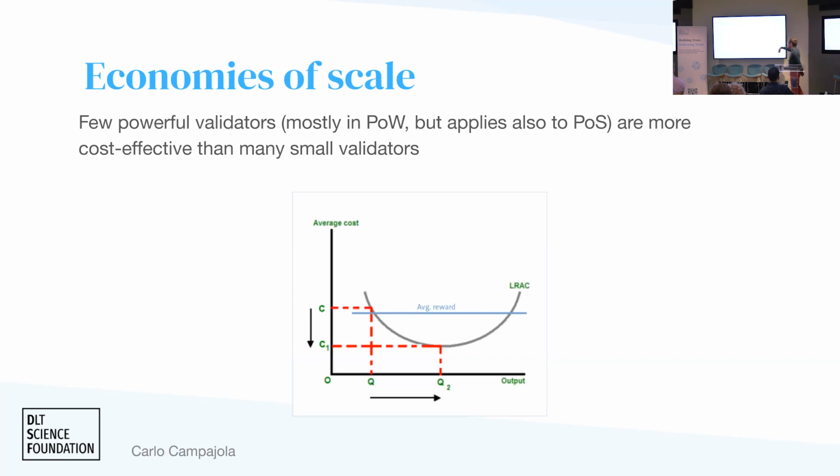You have economic output on the x-axis, so the number of units that you produce, like the number of blocks that you mine. And on the y-axis, you have the average cost of that unit of output. And the concave curve here is your long-run average cost of that unit of output.